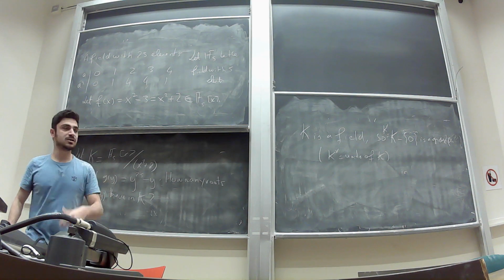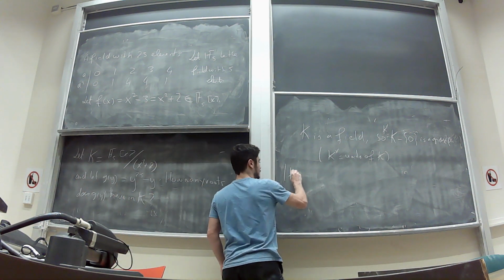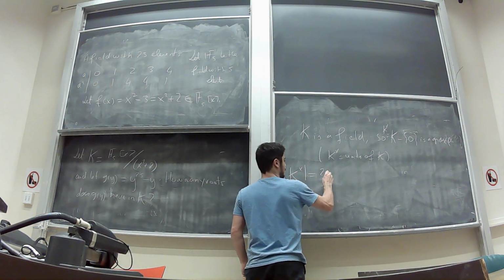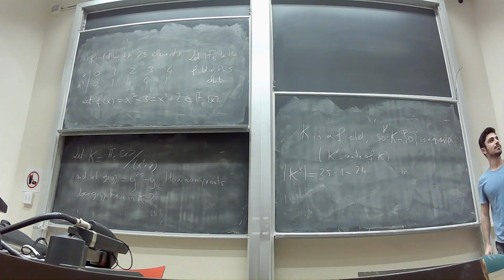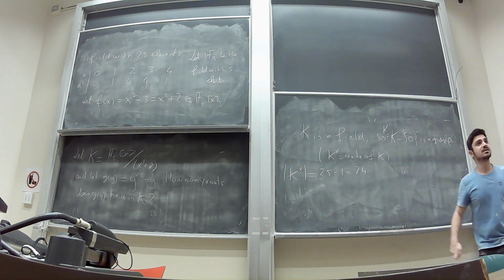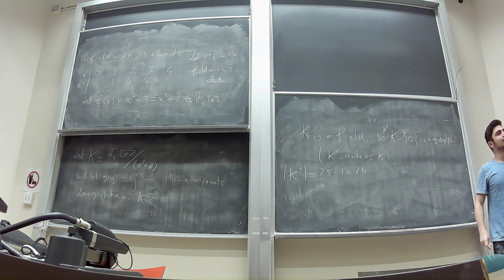It's 25 minus 1. Any non-zero element is invertible. So if you have a field, the group of units is all non-zero elements. How many elements does K star have? 24.